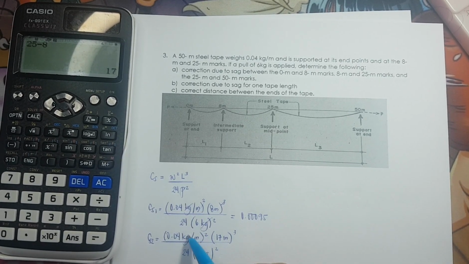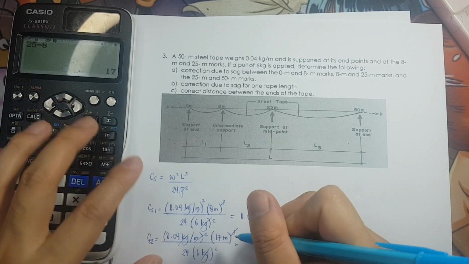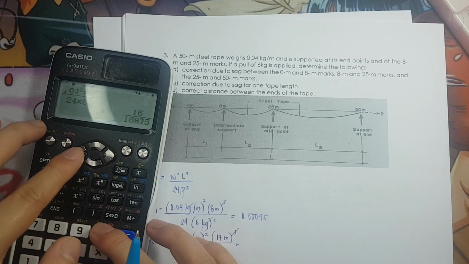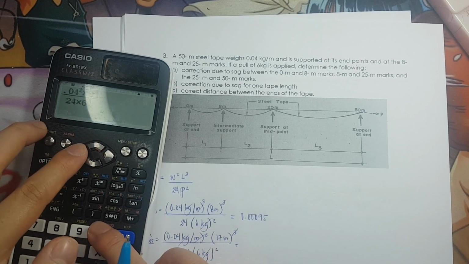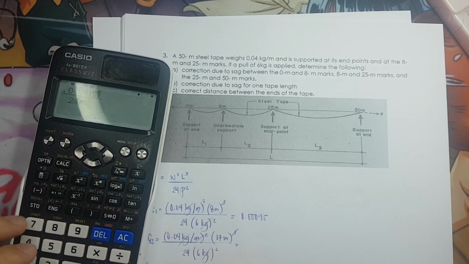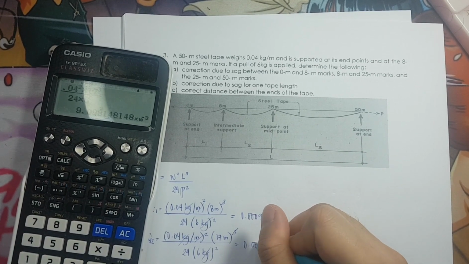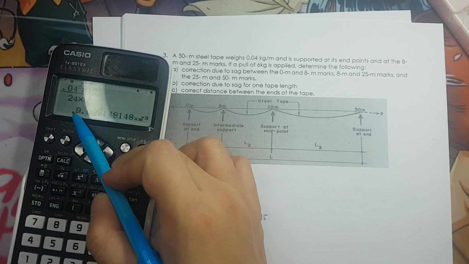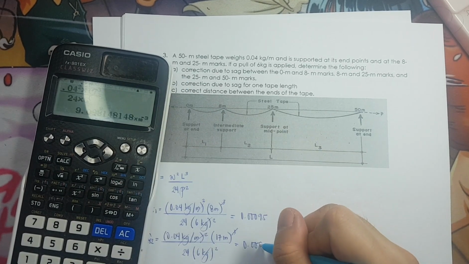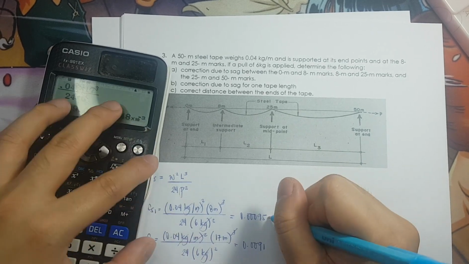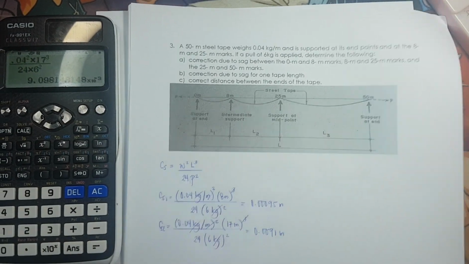So, cancel out si kilogram, meter squared will cancel out, and meter ang matitira. So, palitan lang natin si 8 ng 17. That is 0.000091. Okay, so this is meters, this is also meters.